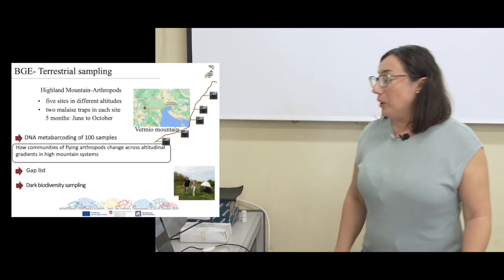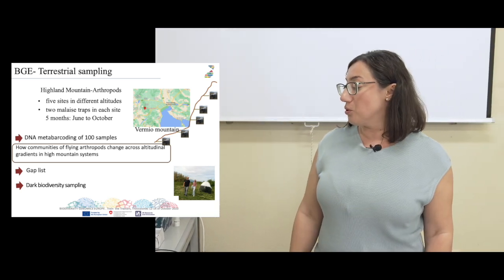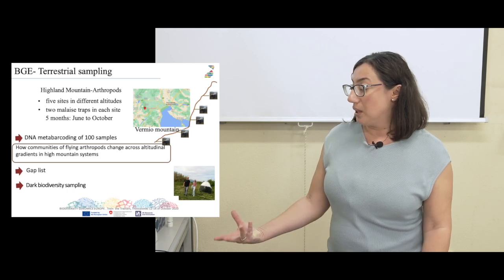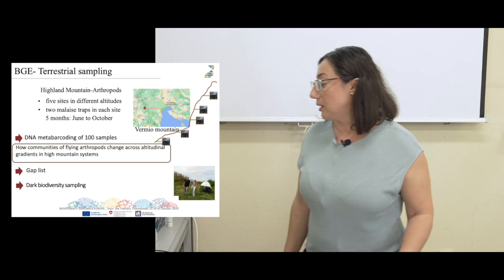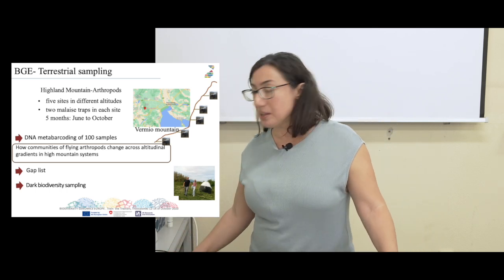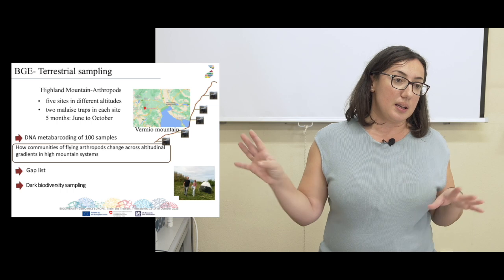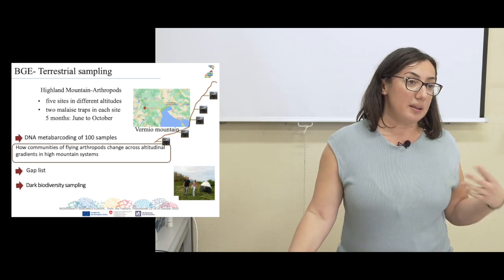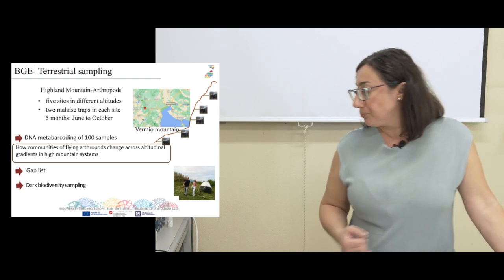So what we expect from this experimental setup: a bottle is going to be sent for DNA metabarcoding in order to see how communities of flying arthropods change across different altitudinal gradients in high mountain systems. Not only in Greece, in Vermio, but this is an experimental setup followed by many other partners of the BGE.